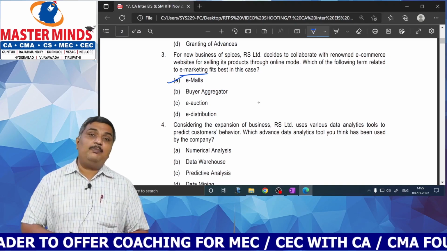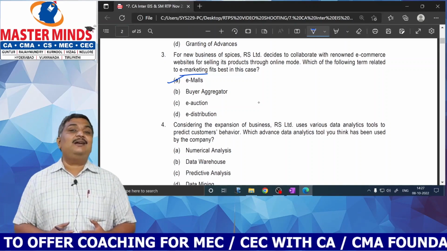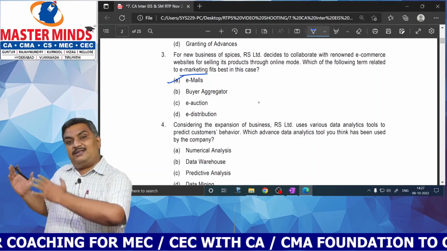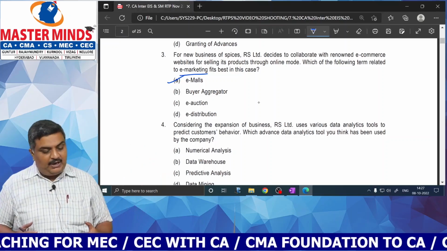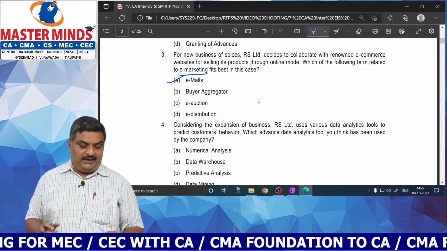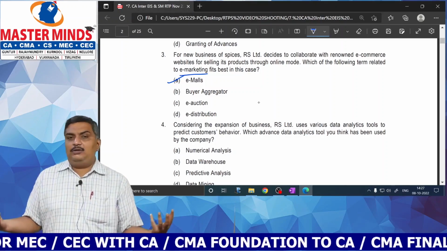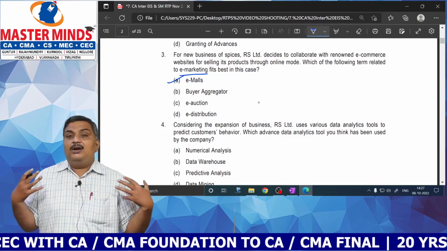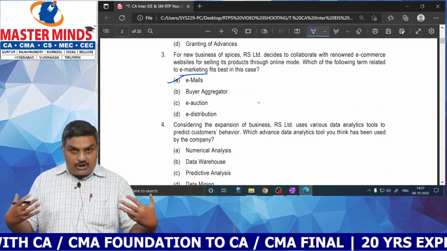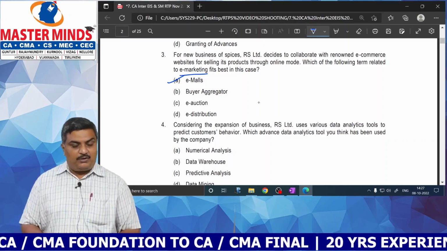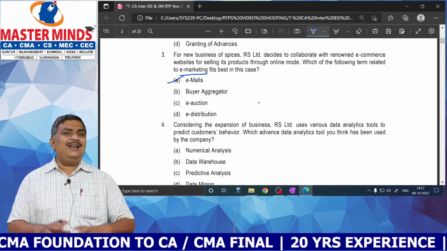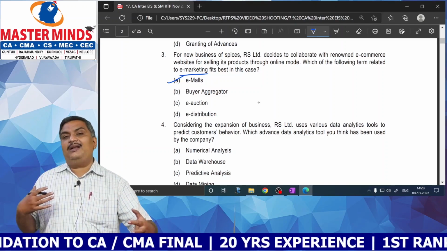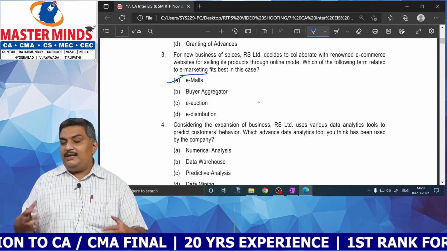Now why it can't be buyer aggregator? See, buyer aggregators are like Swiggy and Zomato, where they get orders from the buyers and give it to the restaurant people and all. So it cannot be buyer aggregator. And e-auction, here there is no concept of auction. RS Limited is not a company involved in auctioning things. So e-auction is not at all valid here. And e-distribution, if goods are distributed online like softwares and all, there may be e-distribution.